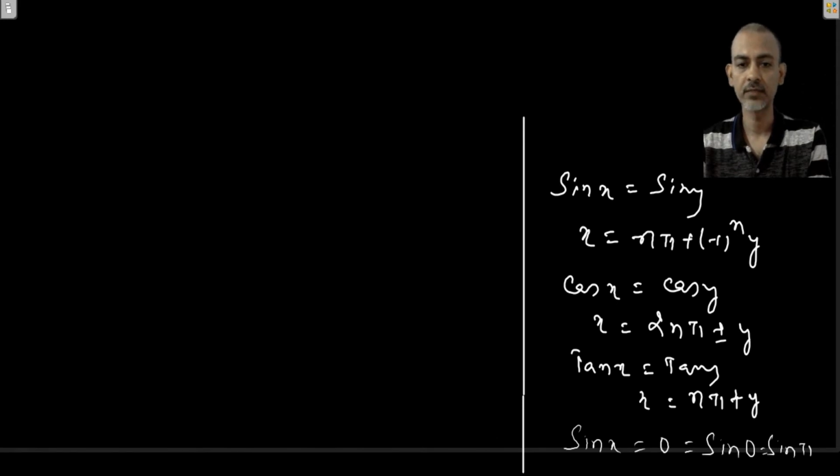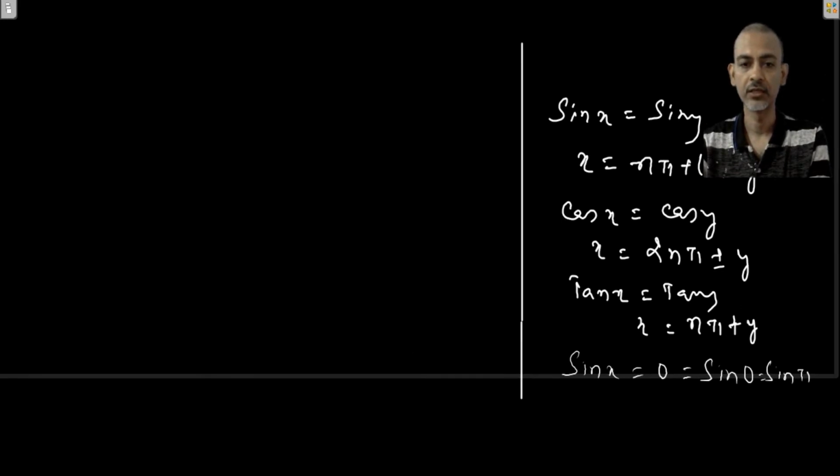In this case, the general solution is written as x equals n pi. If you put it in the formula, it is n pi plus minus 1 to the power n into 0, so this is n pi anyhow.